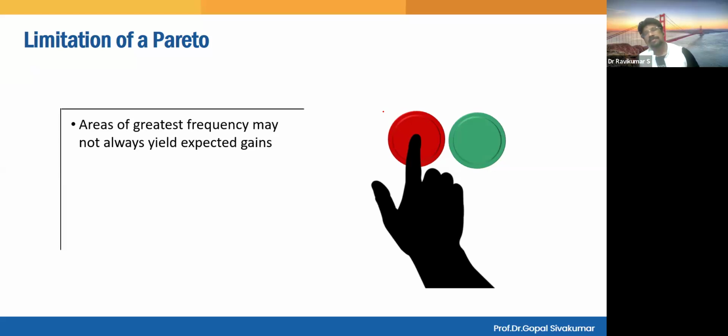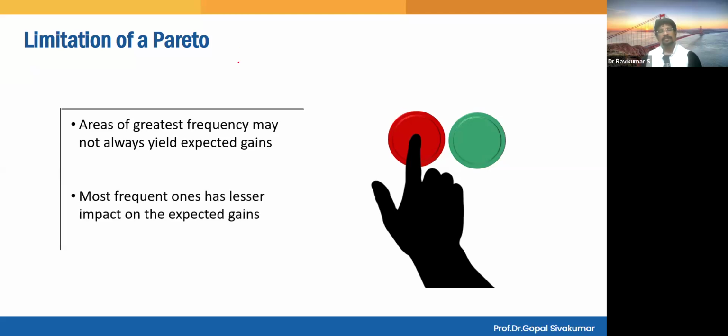Some errors may occur frequently, but may not have the cost impact which you desire. So you have to go to the cost Pareto or the weighted Pareto to understand more about the selection of the project. That is what I said earlier. Most frequently occurring defects may have no impact on the cost.